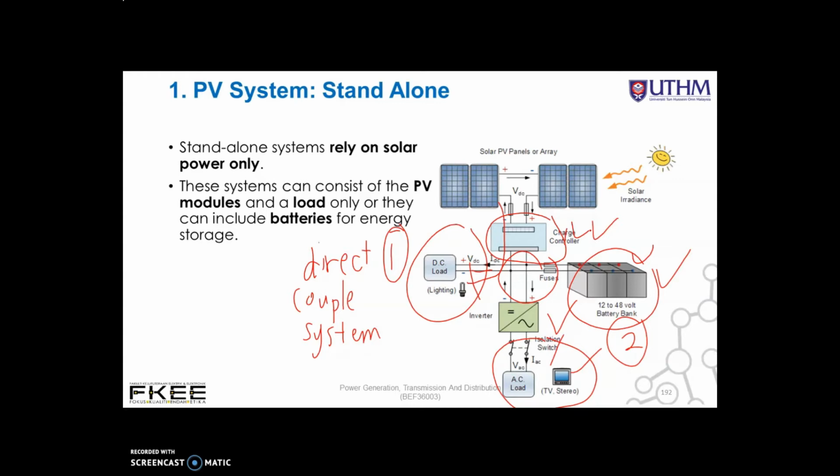Then we have the fuse and also the isolation switch. These allow PV installations to be protected from accidental shorting of wires, allowing power from the PV modules and system to be turned off when not required, saving energy and improving the battery life.